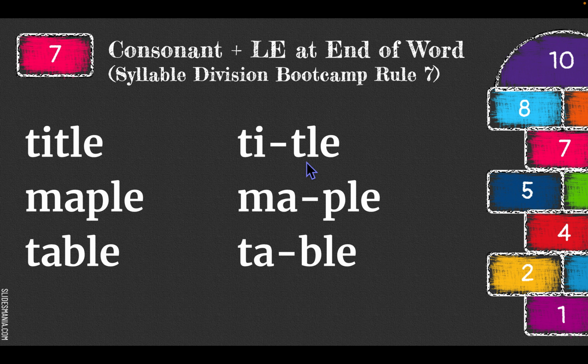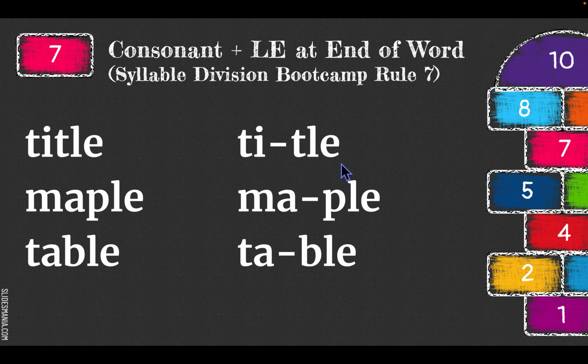Since this ul sound can be made without really having a vowel sound, we just stick a silent E on the end. So again, we split 3 letters from the end when it's a consonant and an L and an E. Divide here. The first syllable ends in a vowel, so we will try the vowel's long sound.